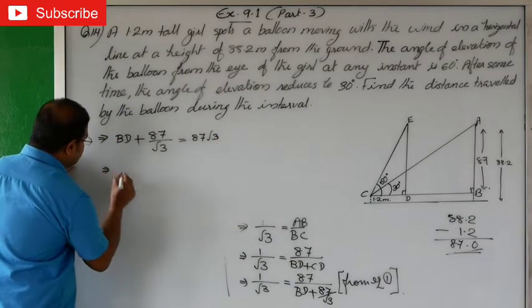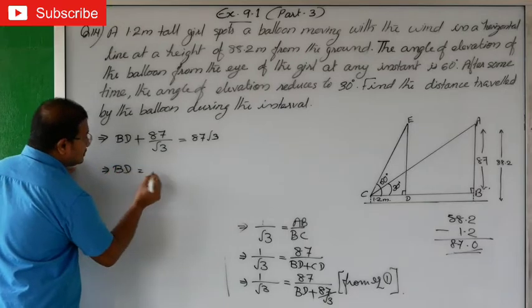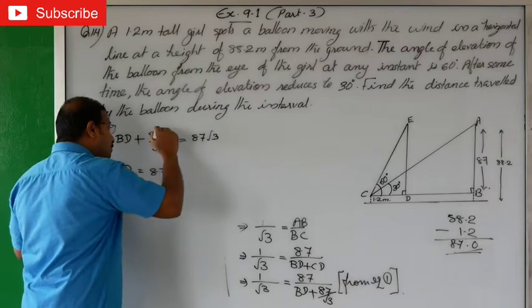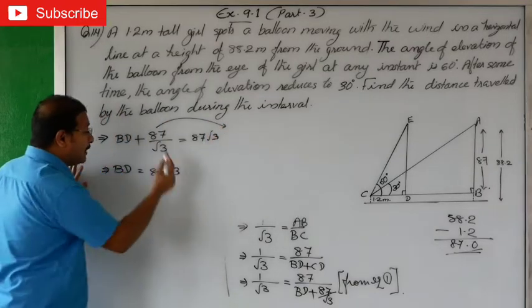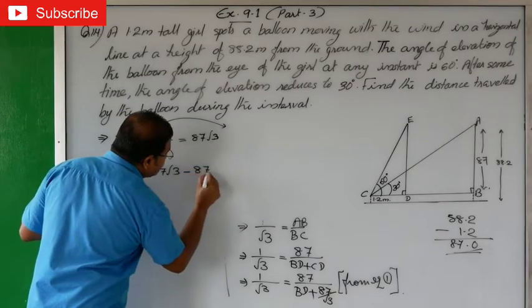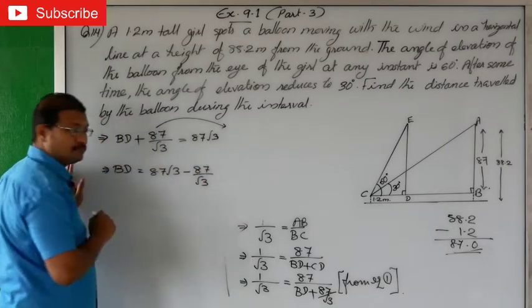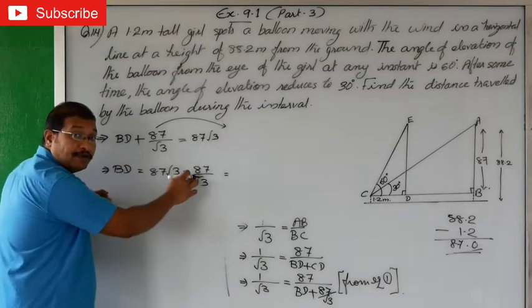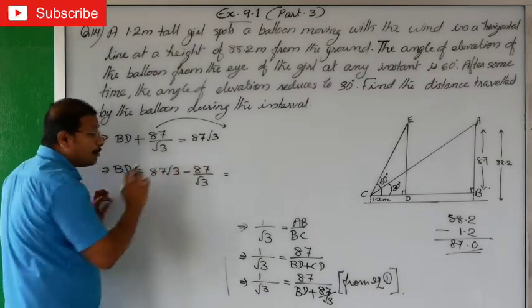This implies BD equals 87 root 3 is already here. So now this plus 87 by root 3 will carry to the right. So what will happen? Minus 87 by root 3 equals. Now from both we will take 87 common.